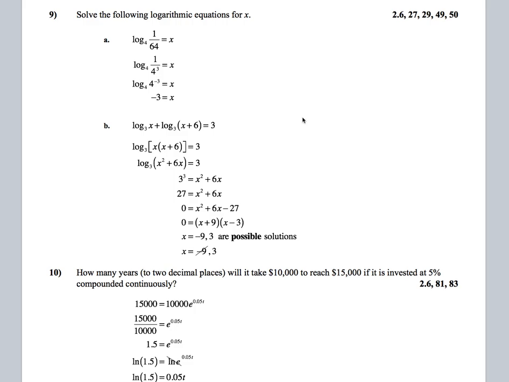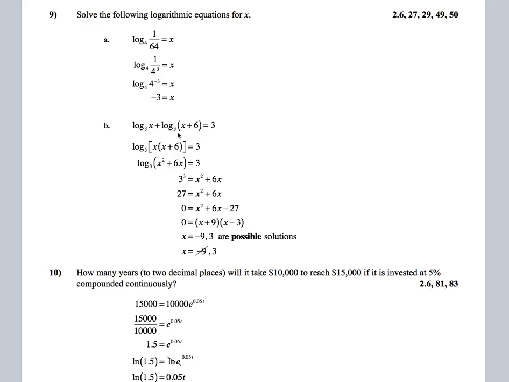Now in part B we have two logarithms on one side of the equation, and we're going to use the product property to combine them into a single logarithm. If this was a difference, if this was a subtraction, then we would use the quotient property to turn them into a single logarithm, and this would be our numerator and this would be our denominator.